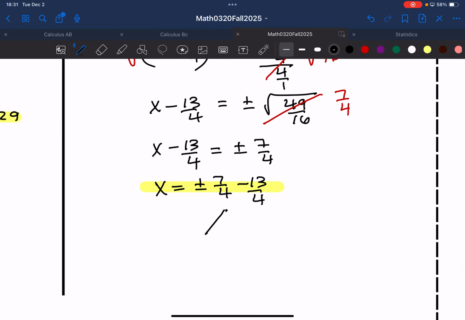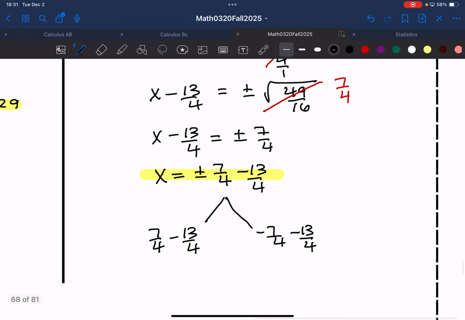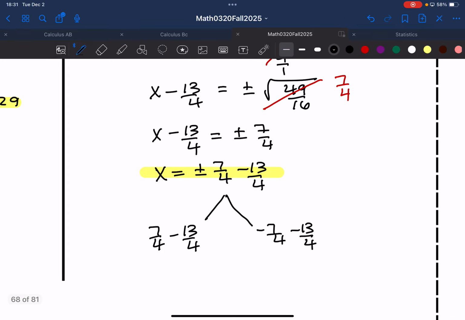We would separate it and make one 7 over 4 positive and one 7 over 4 negative. So 7 over 4 plus 13 over 4, negative 7 over 4 plus 13 over 4. It should be a positive 13 over 4, because it's plus. Okay.